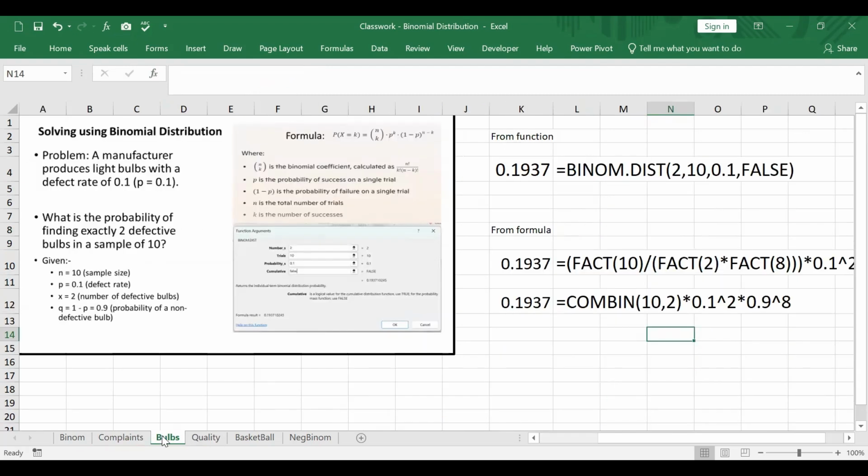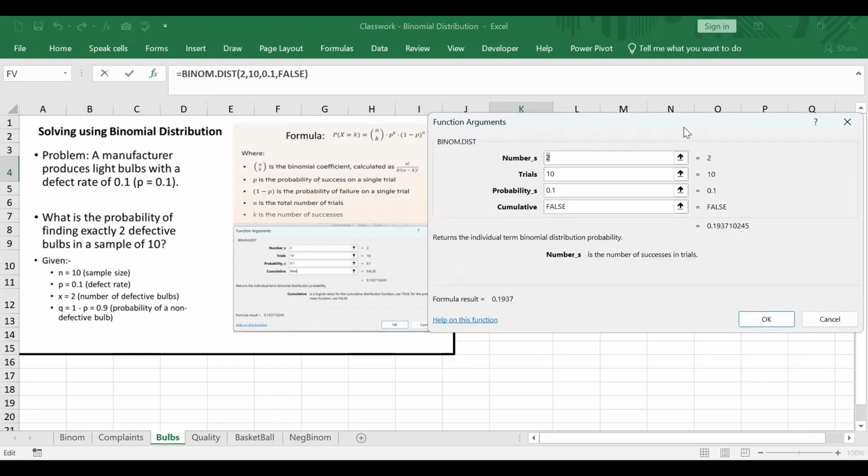Next problem, bulbs. The manufacturer produces light bulbs with a defect rate of 0.1. Probability is 0.1, probability of defect. What is the probability of finding exactly 2 defective bulbs in a sample of 10? Simple. Let us start with this first direct formula. Number of successes is 2.